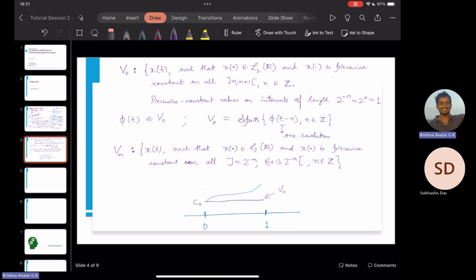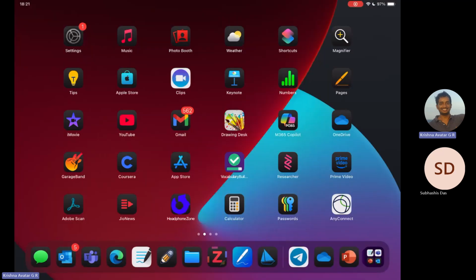Now, if we choose V1, for V1, let's also consider n equal to 0.